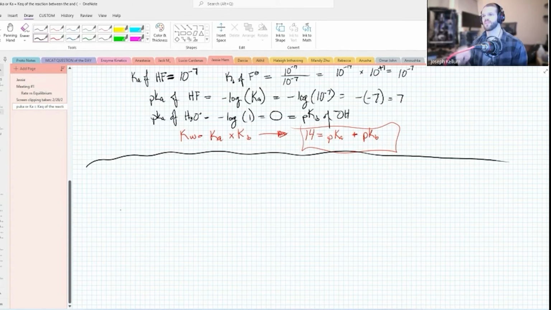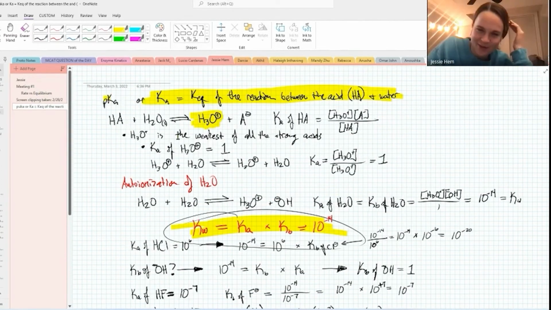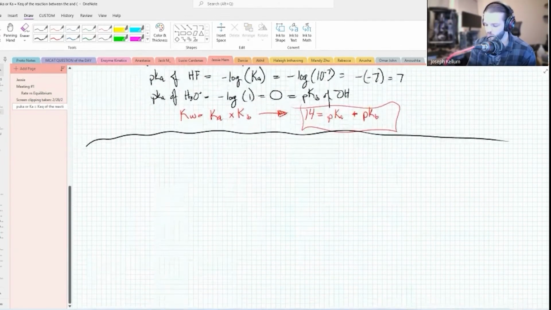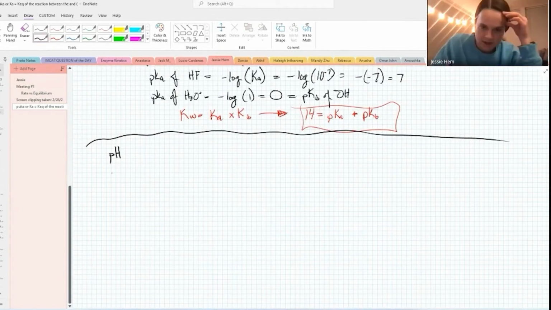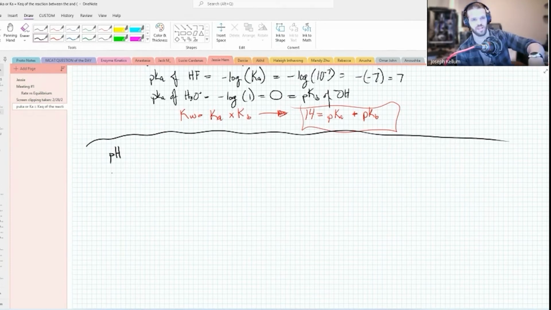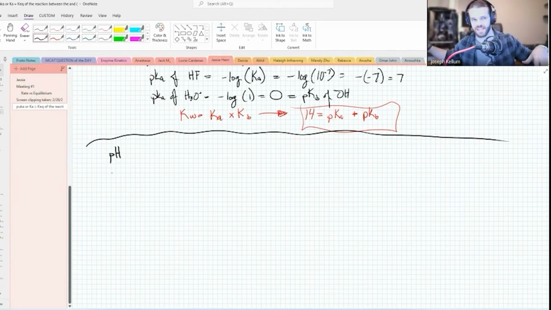Yeah. So one thing to be clear about, this might be really helpful, just the same way as my Ka definition up here is helpful. pH is a comment on the concentration of hydrogen ions present. pH is like an attribute of your specific solution, whereas pKa is like an attribute of the acid itself.